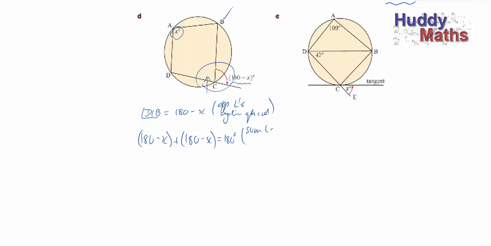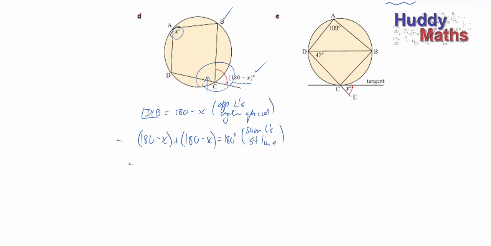Sum of adjacent angles right next to each other on a straight line. So we've got that result. Because we needed to use this, I chose to use the cyclic nature first, and then that one. You can do it the other way.